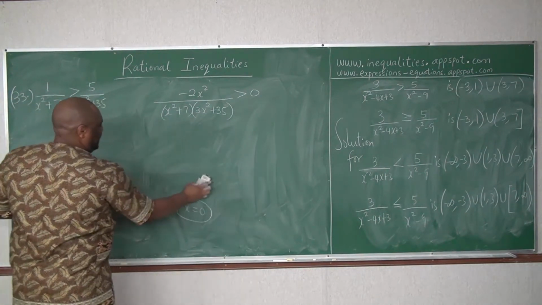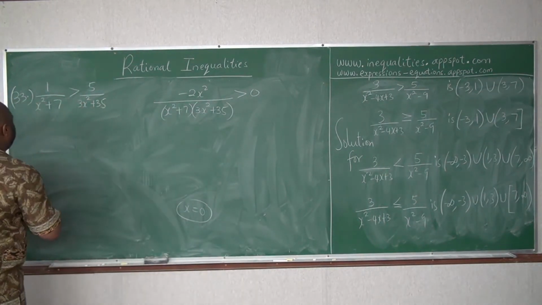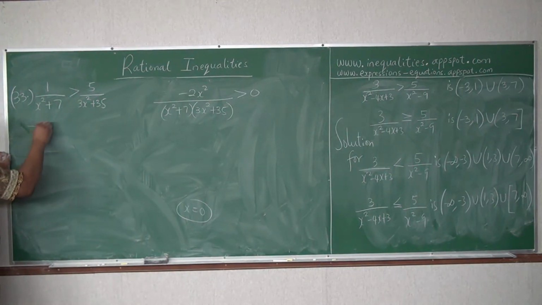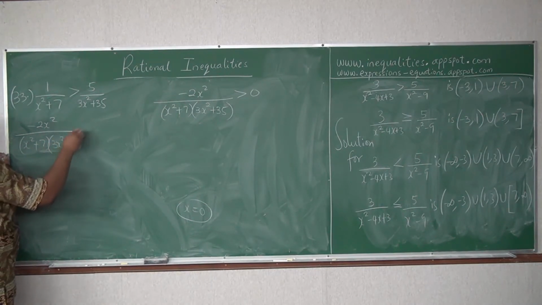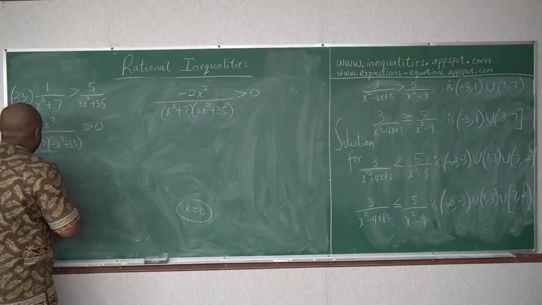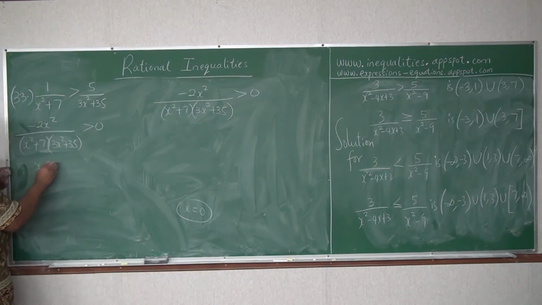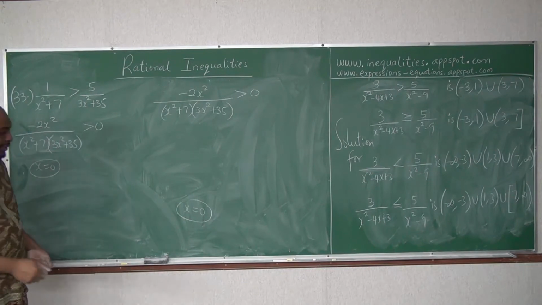As we can see here, this is our simplified form: negative 2x squared over x squared plus 7 times 3x squared plus 35, greater than 0. And then our only test point is x equal to 0.